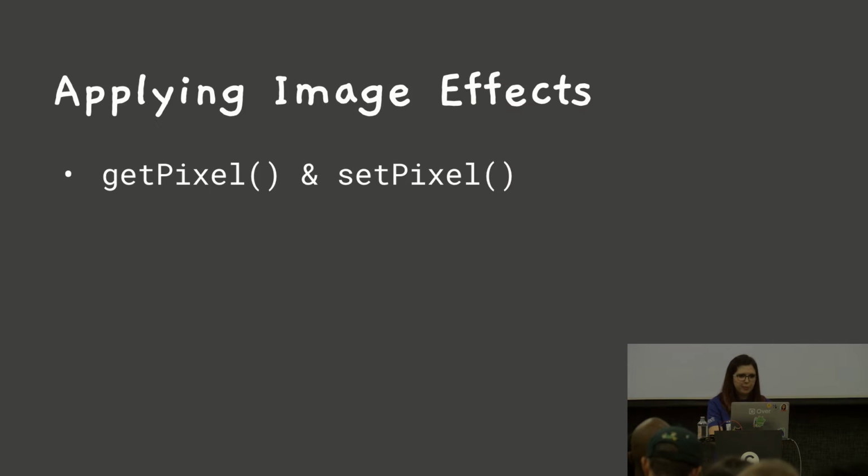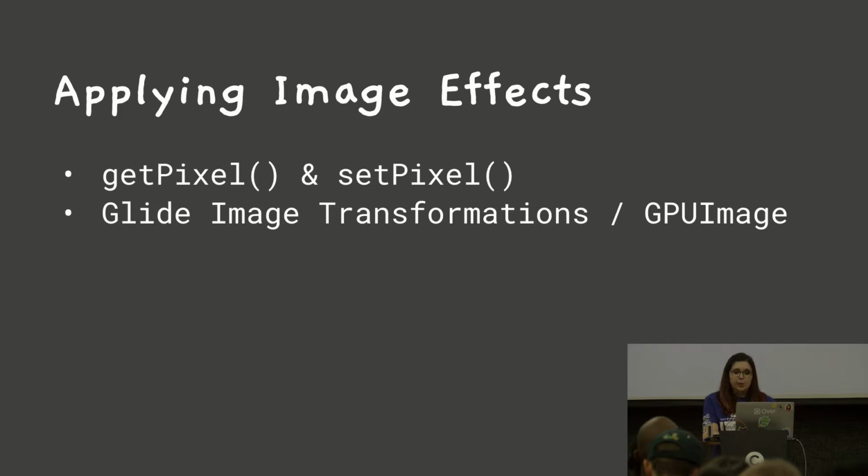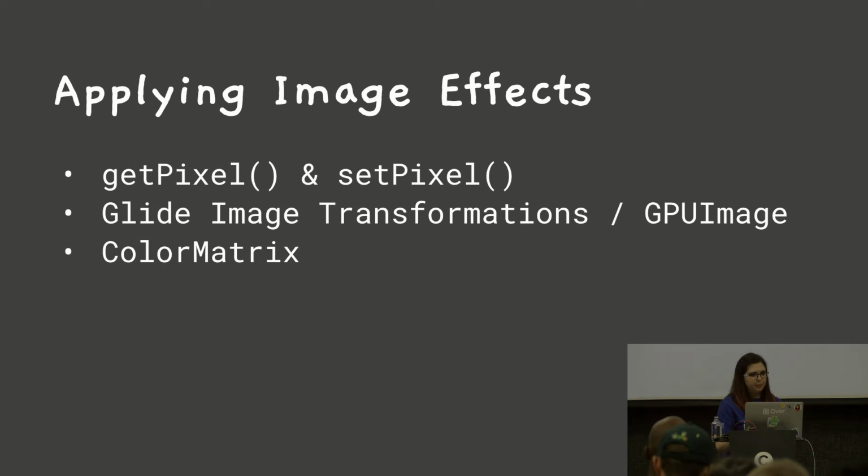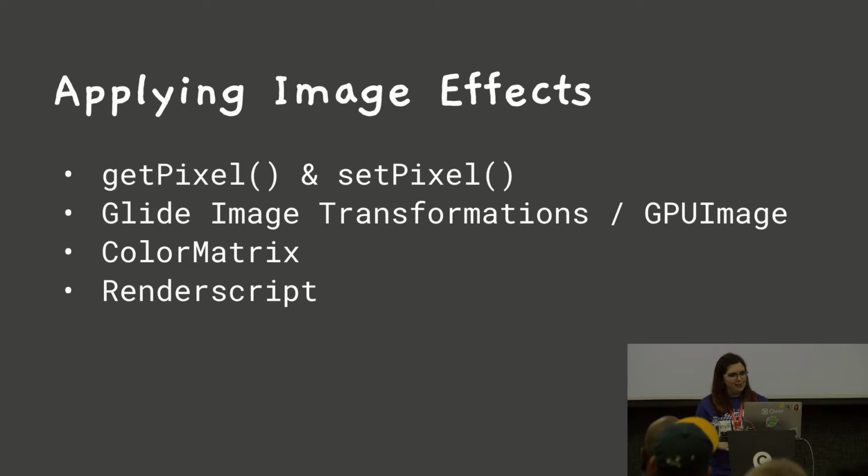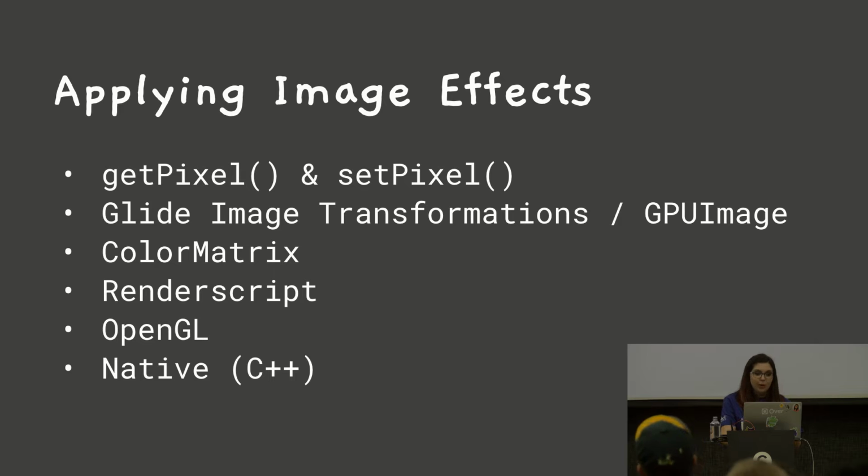So the first way is to use the getPixel and setPixel methods. I'll go more into detail about that. The next way is to use Glide image transformations or GPUImage. Another way is to use a color matrix. Another way is to use RenderScript. Another way is to use OpenGL. Or you could also just use native C++ code.